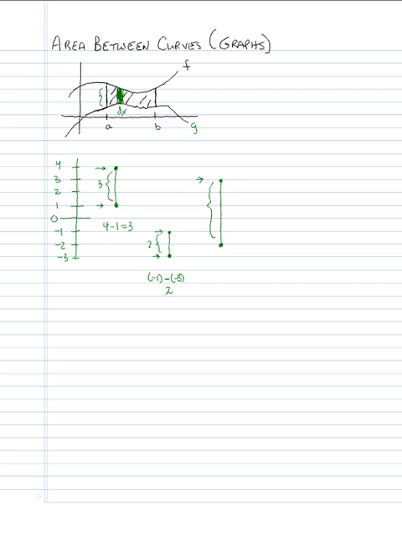So we take the highest y value, which is 3, and subtract the lowest y value, which is -2. 3 subtract -2 is the same as 3 plus 2, so that distance is 5. By taking the highest y value and subtracting the lowest y value, whether positives or negatives are involved does not matter. We still get the length of that line segment.